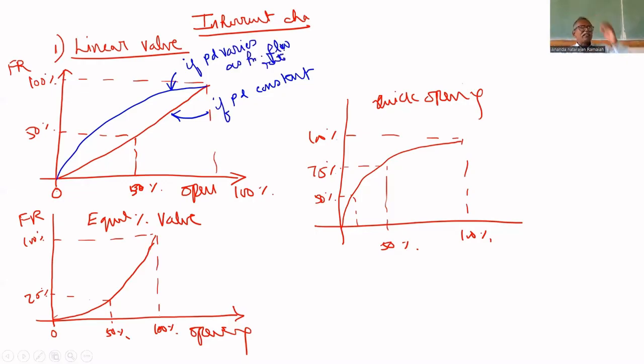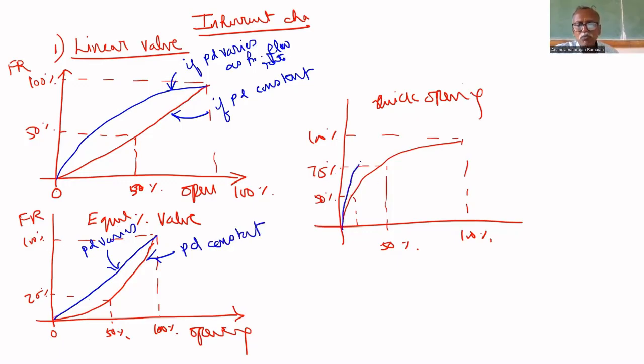If you allow the pressure drop to vary, it will be like this. For equal percentage, it will be like this. This is when pressure drop varies, and this when pressure drop is constant. Here it becomes more quick opening. This is when the pressure drop across the valve varies, and this is constant.